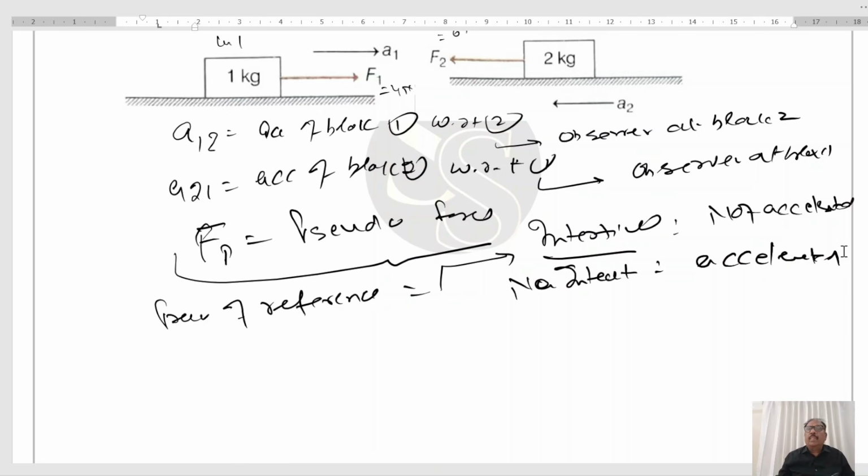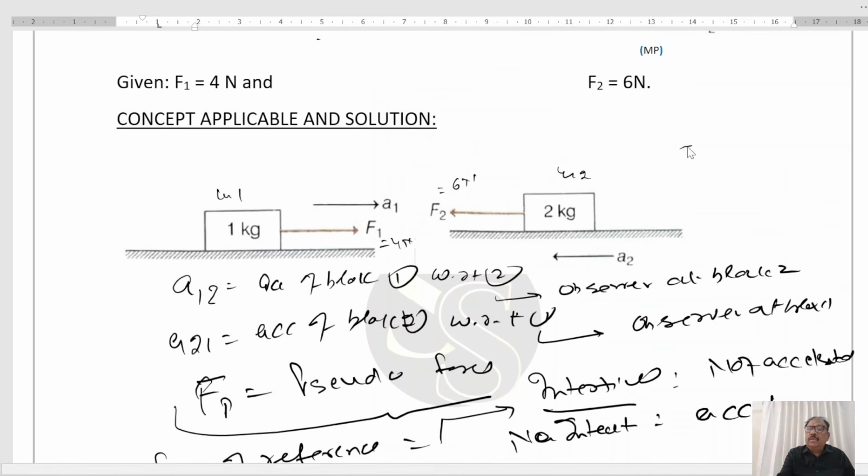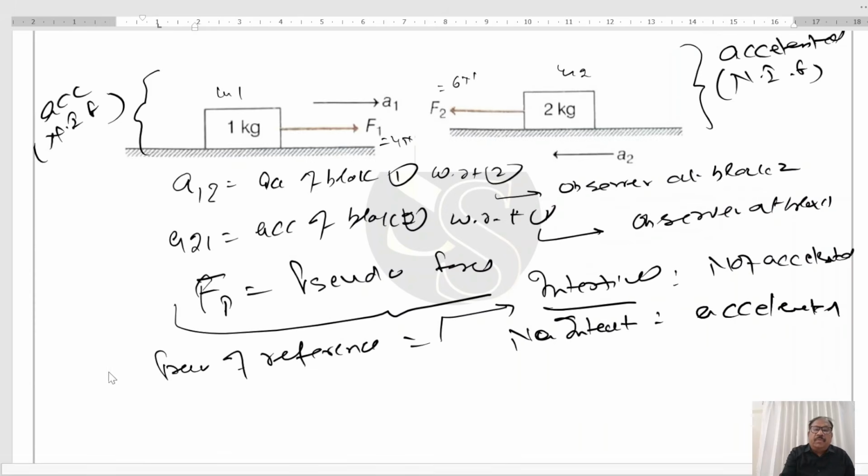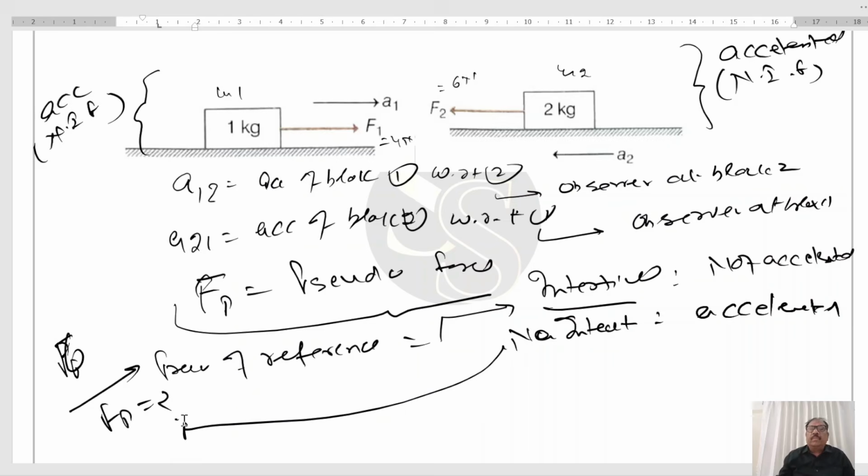Now in this case, this is accelerated, this is accelerated, therefore it is a non-inertial frame. This is also an accelerated non-inertial frame. If an observer in a non-inertial frame observes the free body diagram, then pseudo force comes into the picture.